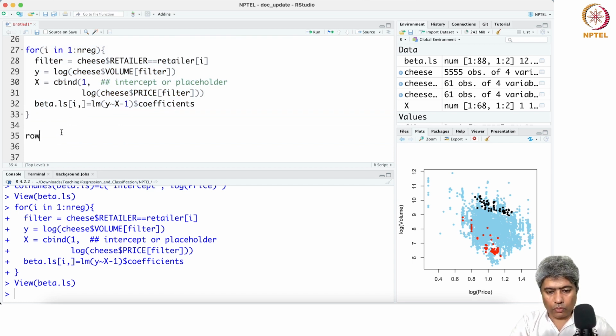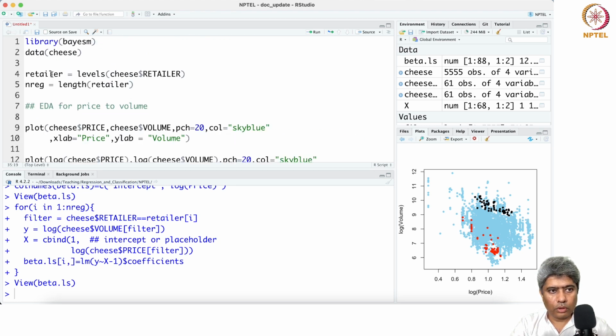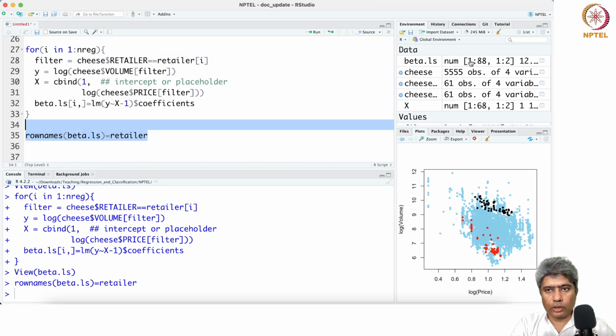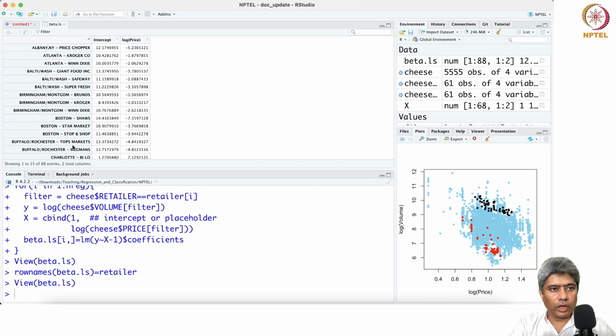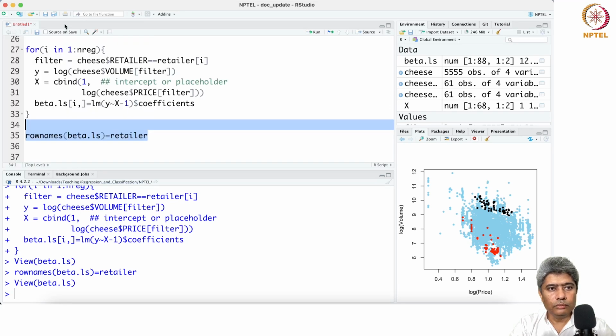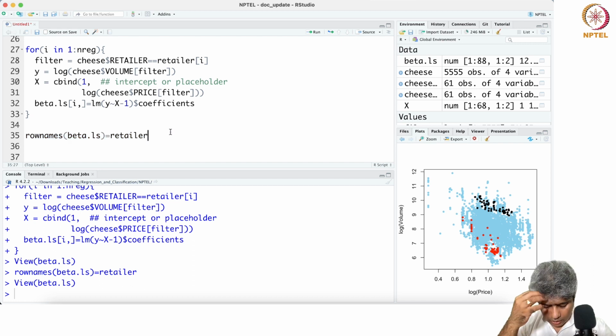So row names of beta.ls equal to the retailer names.